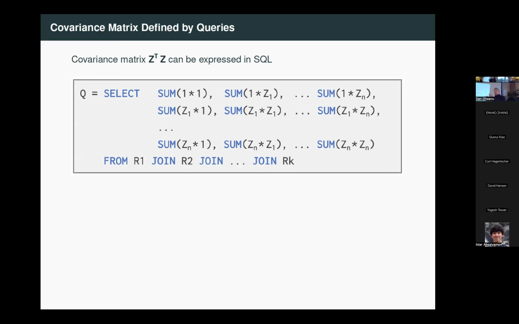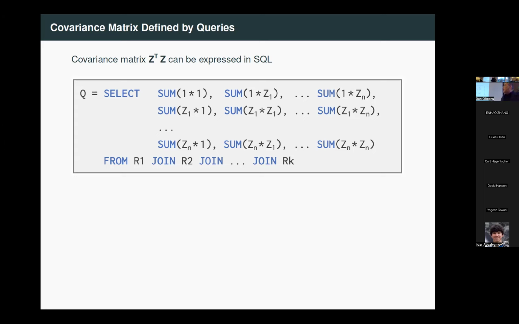But you don't want to compute the join and after that take this dot product, because this would be too expensive. Instead, what you'd like to do is push this dot product computation past the join. So what we do is factorize the join, and after that we compute the kind of aggregates I showed you before, all together in one bottom-up pass over the factorized join.